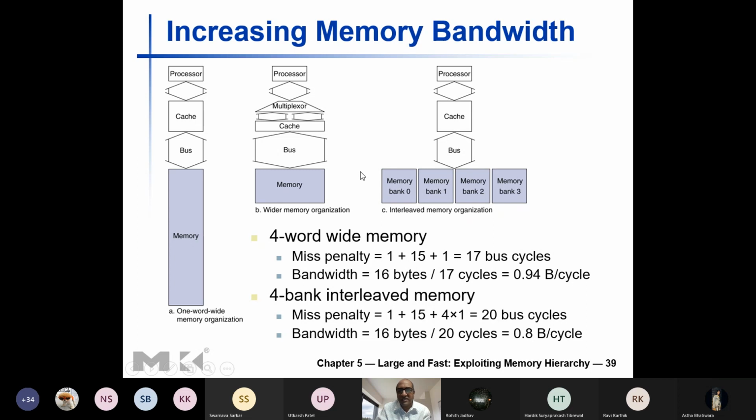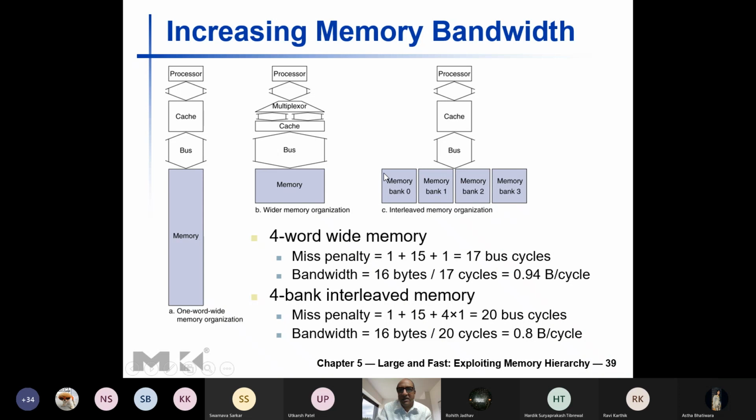And with that, preparing the data will not take as long as with the structure where memory is organized at word level. Because if it is organized in banks and they are interleaved, and you want to fetch a block from this memory, and the memory is organized likewise.